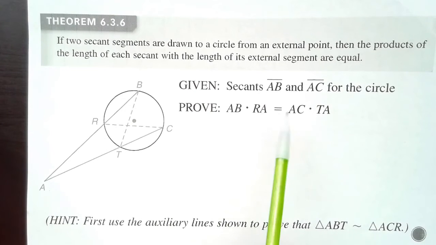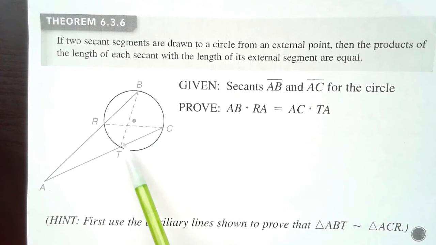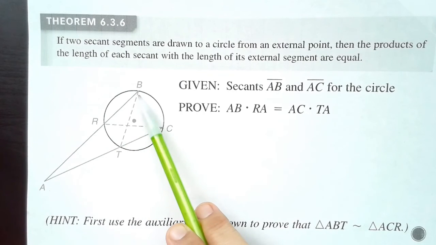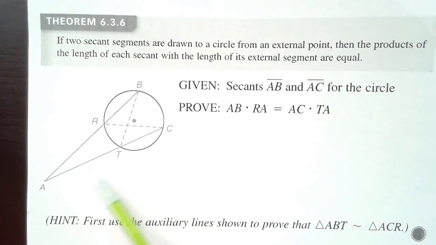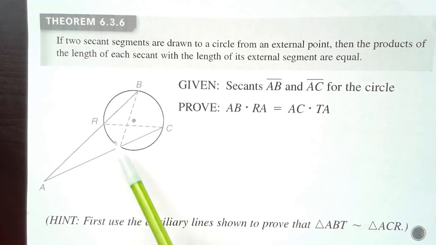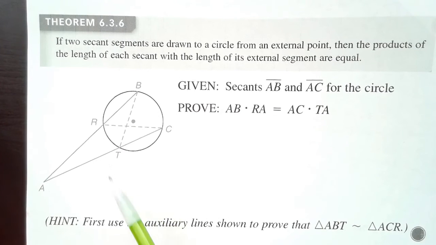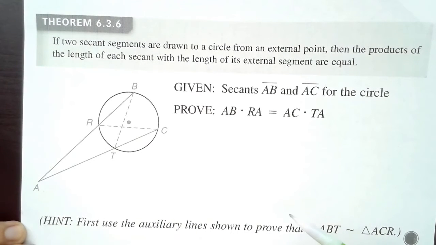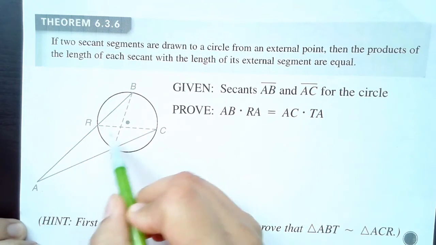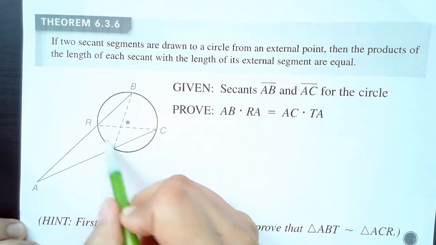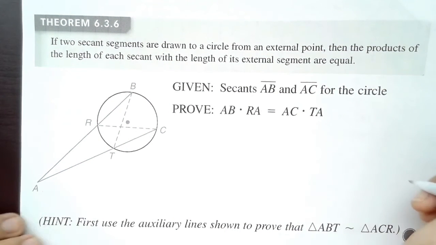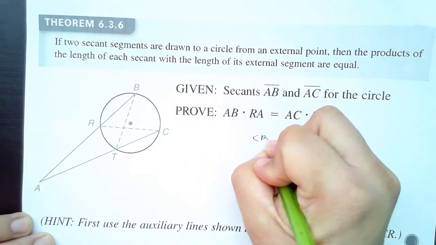So the product of this side and here is equal to the product of the secant AC times TA. The way to do it is you draw two auxiliary lines, right? And you see they intercept the same arc. So I'm just going to do a really quick, hand-wavy kind of proof. Angle B is congruent to angle C, since they intercept the same arc.